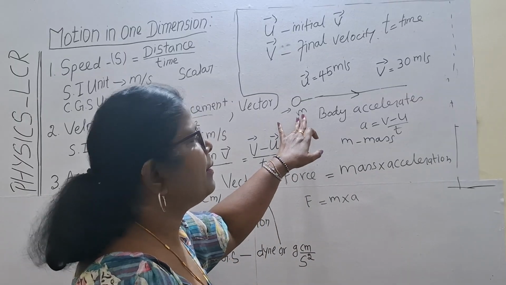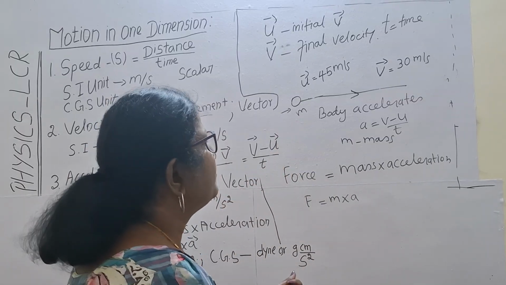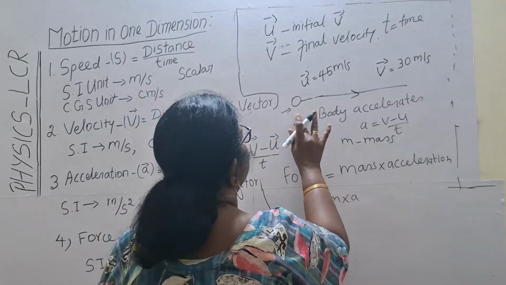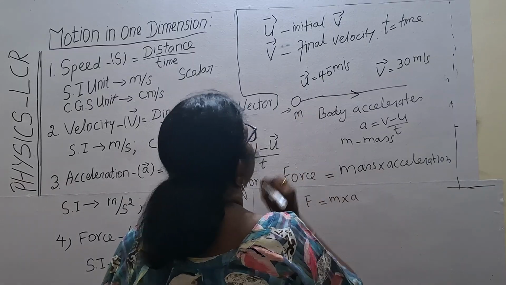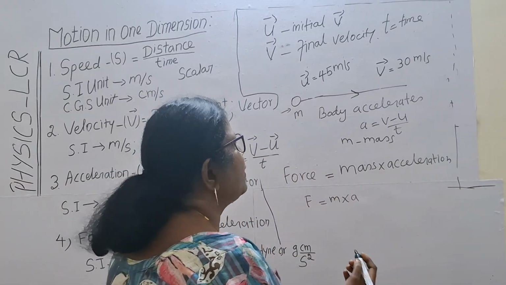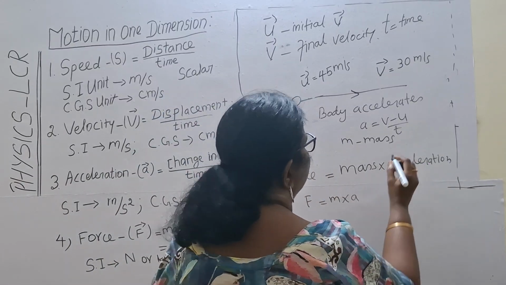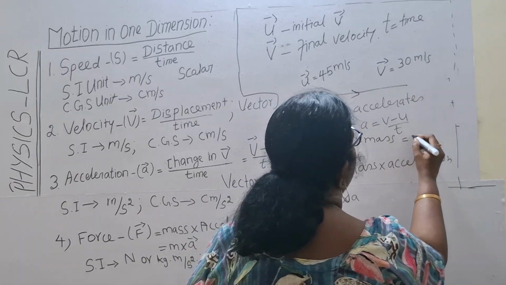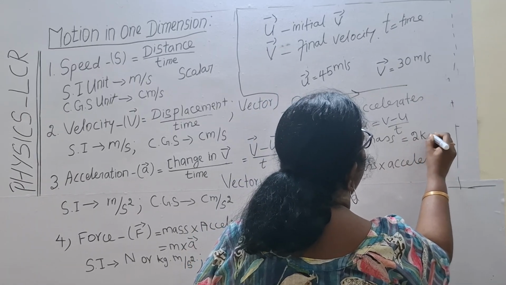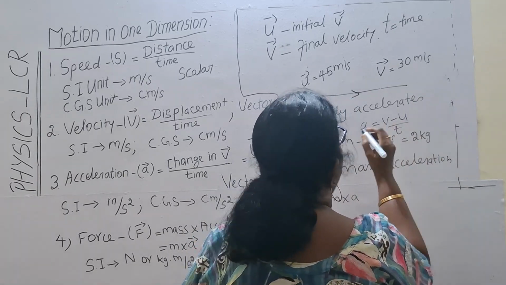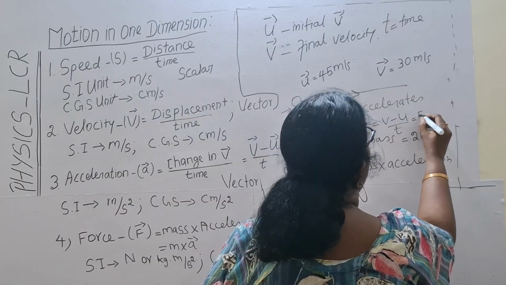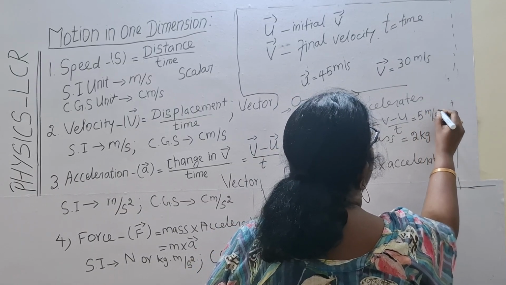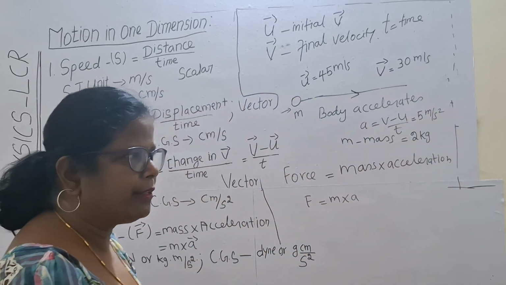The body has a mass. Suppose the body has a 2 kg mass and the acceleration is 5 meter per second squared.